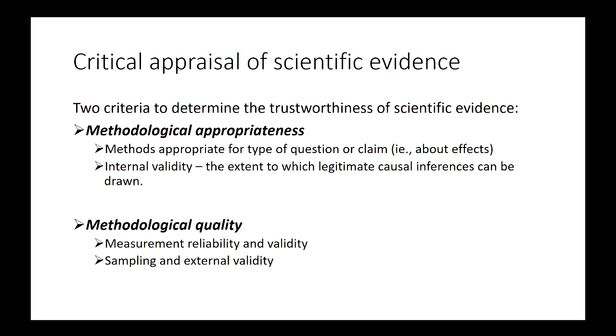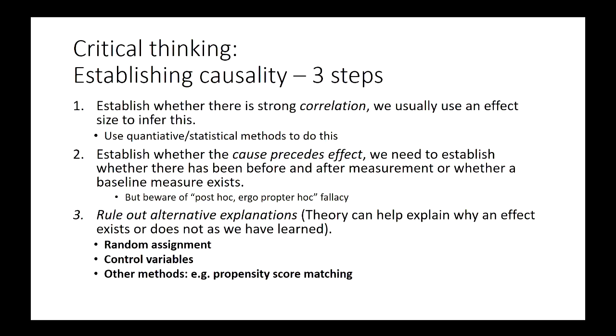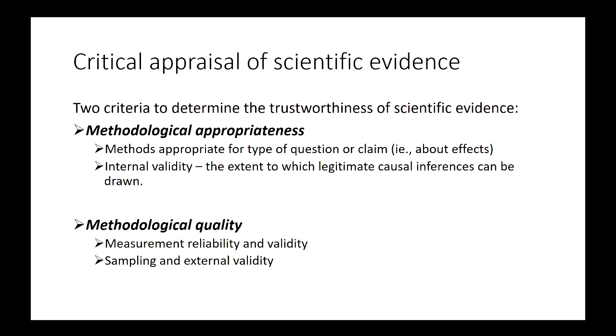If a study is methodologically appropriate, if it meets these 3 steps, then it has internal validity. That is the extent to which you can show that the IV is causing the DV, one variable is causing the other variable within your sample.